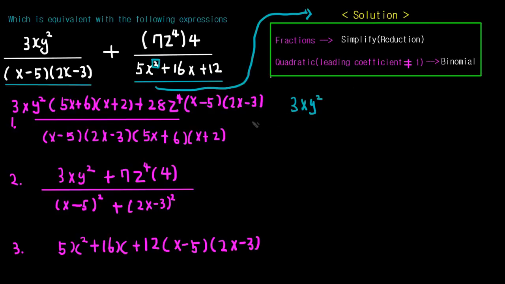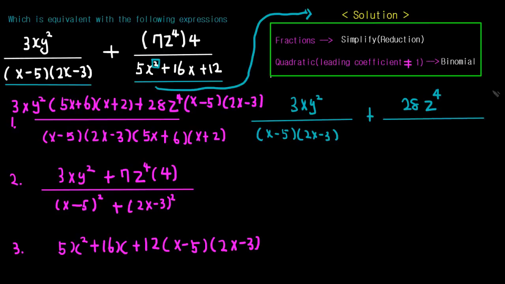And in the denominator, it is going to be x minus 5 times 2x minus 3, and then plus, if you multiply 7z to the fourth power times 4 to simplify this expression, it is going to be 28z to the fourth power, and then in the denominator, instead of 5x squared plus 16x plus 12, we got the answer that it is 5x plus 6 times x plus 2.